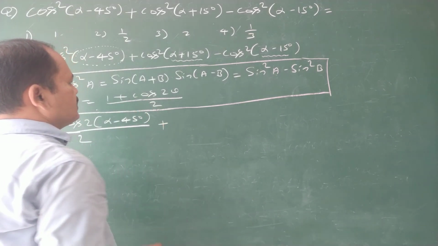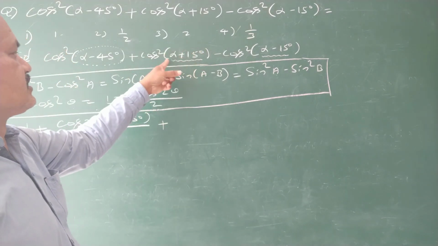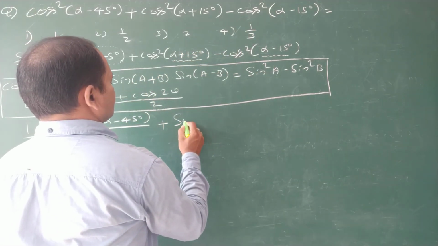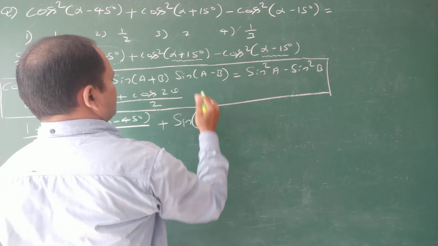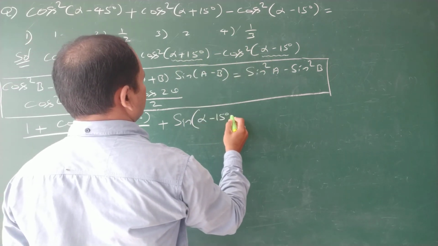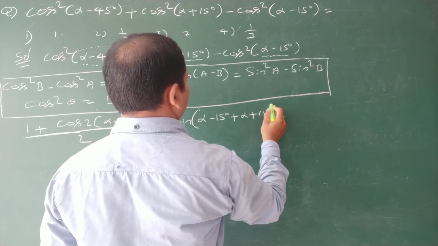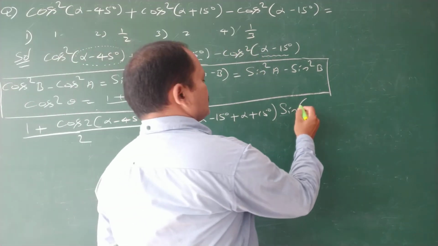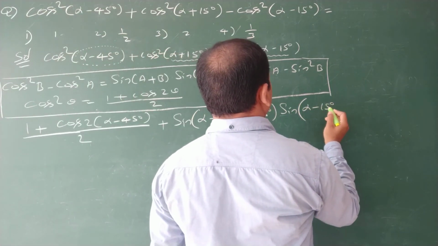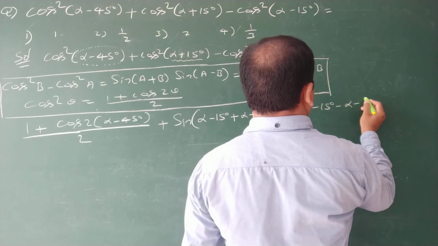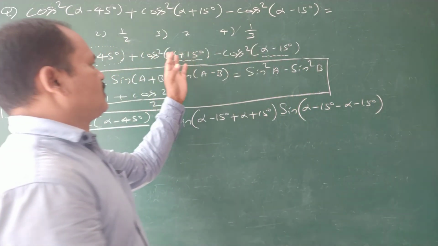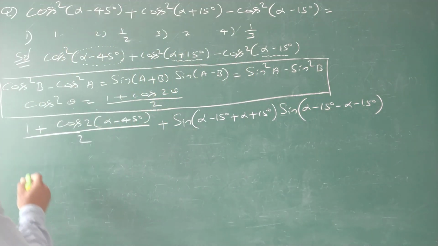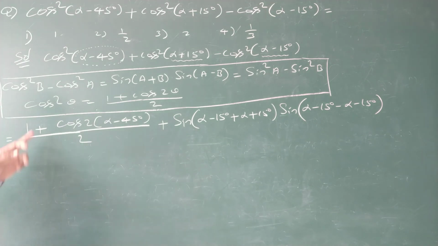Now plus here, this is taken as b, this is taken as a, then according to this formula, sine of (a plus b), that means alpha minus 15 plus alpha plus 15, into sine (a minus b), this one minus this one, that is alpha minus 15 minus alpha minus 15. Since minus of (alpha plus 15) is minus alpha minus 15 degrees. That's all.